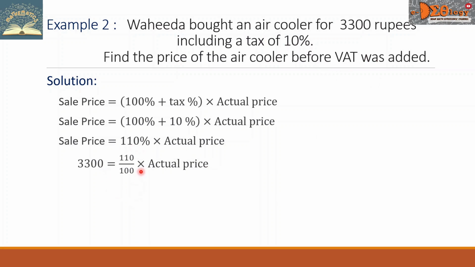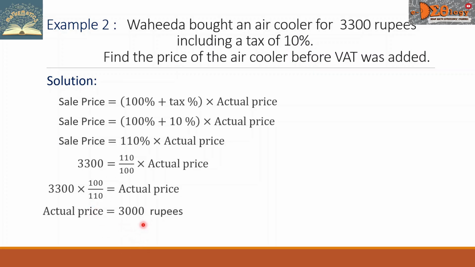So we're going to transpose this fraction on the other side to be multiplied with the 3,300. But we're going to take the reciprocal value. So that means 3,300 times 100 over 110. This is the actual price. When we simplify this, we will get 3,000 rupees.